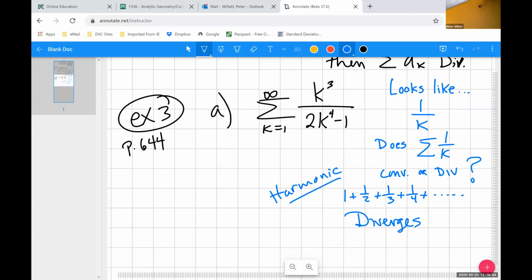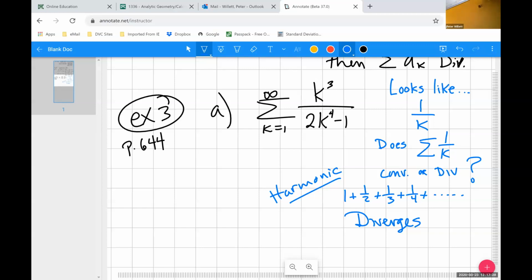In fact, for the series 1 over k, the harmonic series, we have a theorem that specifically states that this diverges, because this is such a crucial one that we want to work with. So if we look at this expression and say it kind of looks like 1 over k, and I know that 1 over k diverges, then I would be able to use the comparison test if I could compare these terms to the 1 over k series, and they would be a little bit larger.